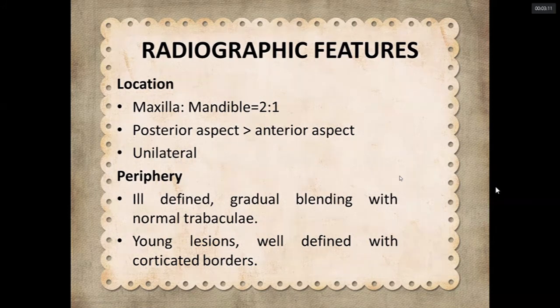The periphery of the lesion is ill-defined with gradual blending with normal trabeculae. But the young lesions can be well defined with corticated borders.